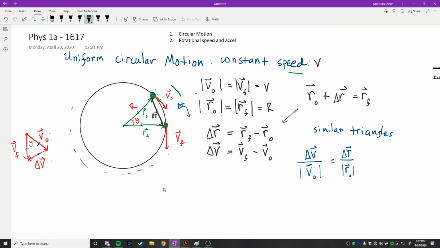Now we're going to rewrite this equation. We said before that V initial magnitude was equal to V and R initial magnitude was equal to R. So this equation can actually be written like this: delta V divided by just V, the speed, should be equal to the change in position, the displacement, divided by R. And now we're going to multiply both sides by 1 over delta t.